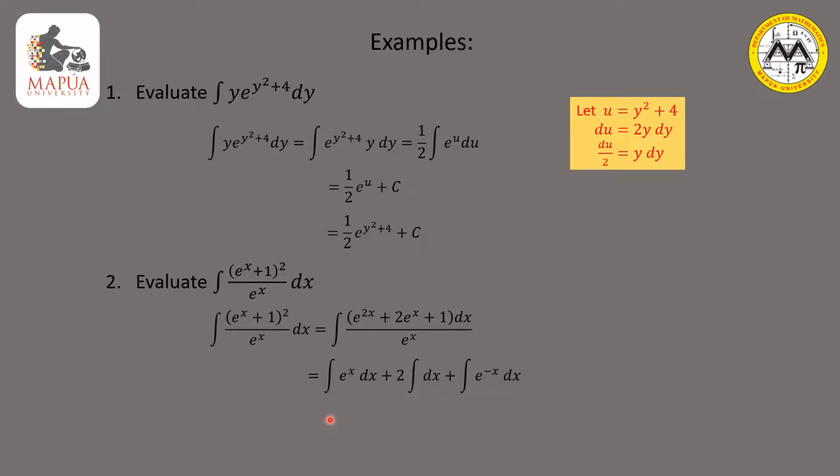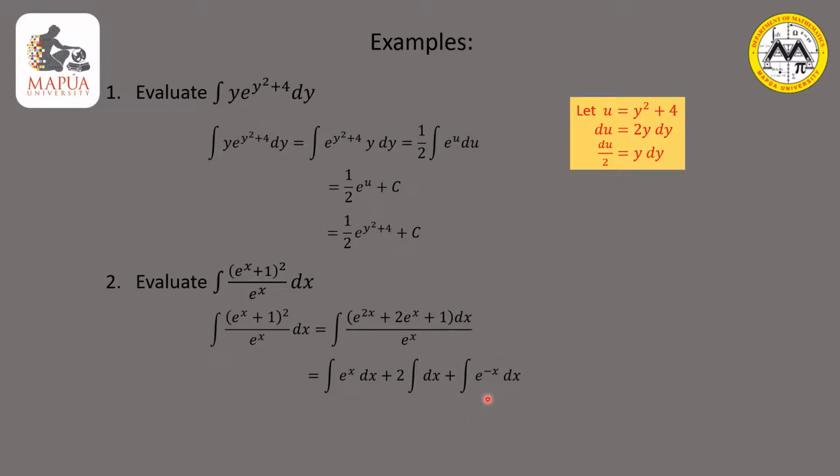You have the integral of e to the x dx, since e to the 2x divided by e to the x is just e to the x. The second term would be given by 2 the integral of dx, and the third term is just the integral of e to the negative x dx.